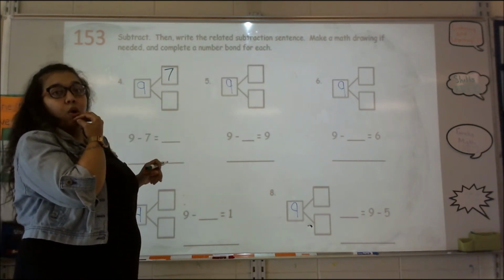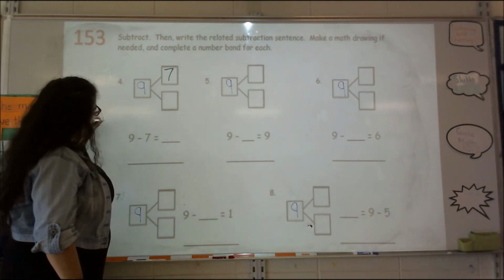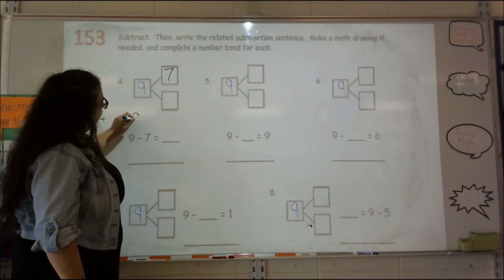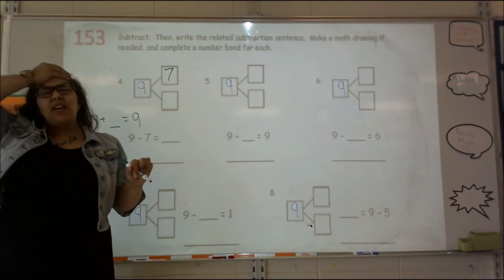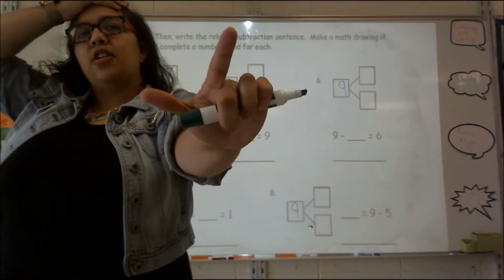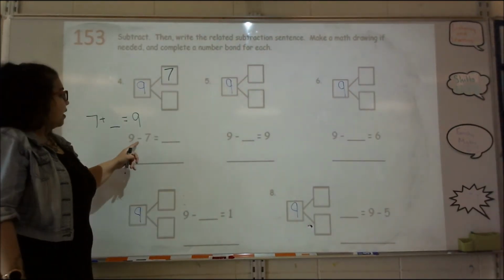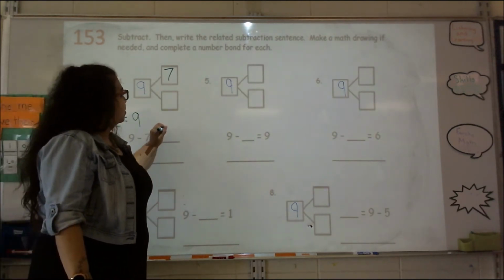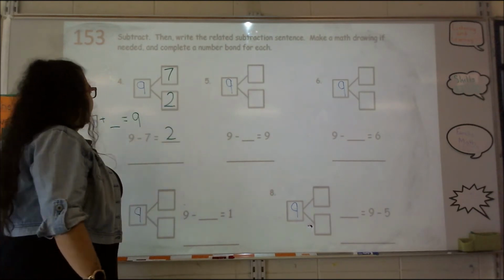Let's count on. We've done this before, where we would be saying 7 plus blank equals 9. Remember, they're all connected, those addition and subtractions. So 7, 8, 9. Ooh, I reached my whole. What's my missing part? 2, which means 9 minus 7 is equal to 2. 2 is the missing part on this number bond.